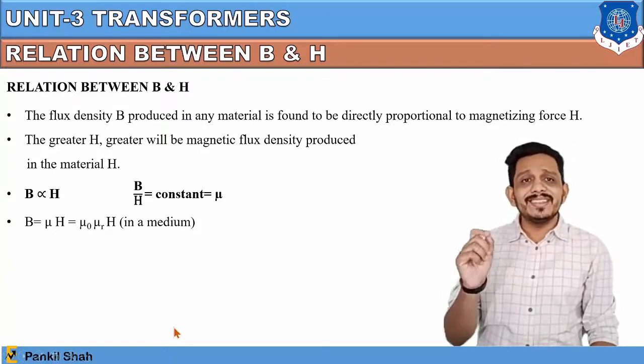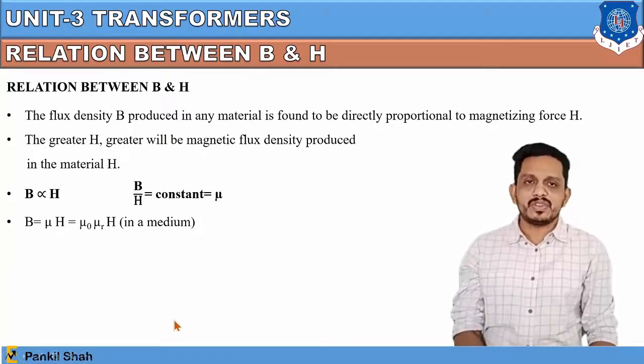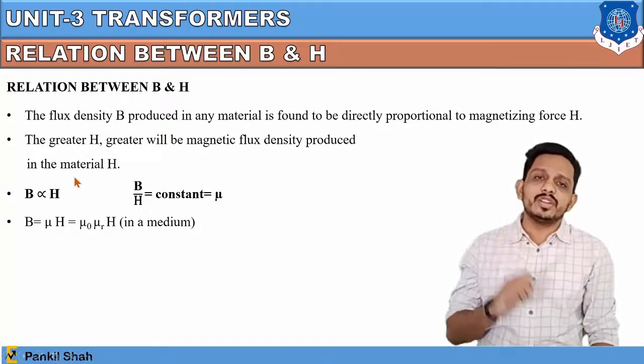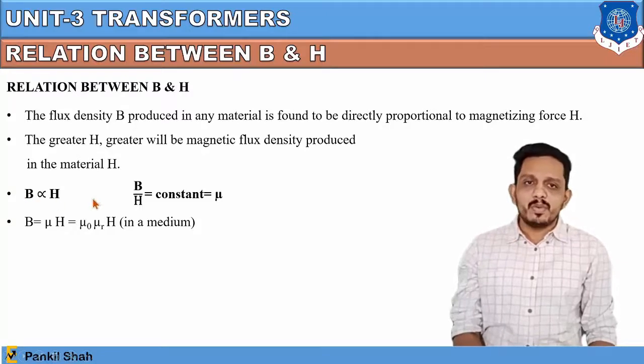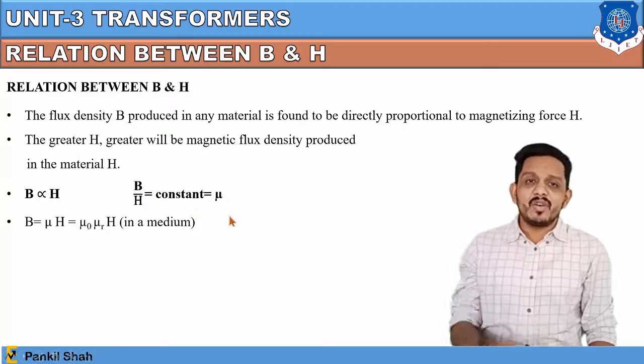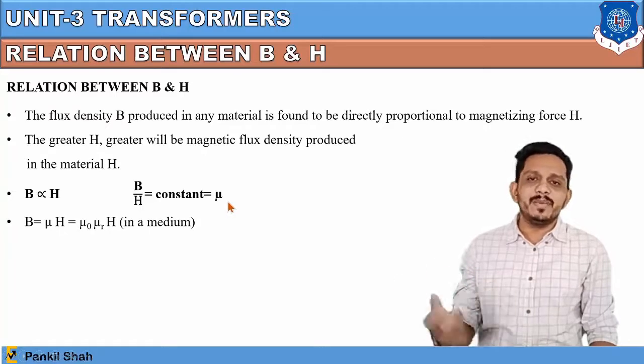So the greater the H, the greater will be the magnetic flux density produced in the material. So we can say that B is proportional to H. And related to this fact, we need to draw the BH curve. So B is proportional to H, or you can say B divided by H is equal to some constant, and that constant is nothing but mu, where mu is known as the permeability.